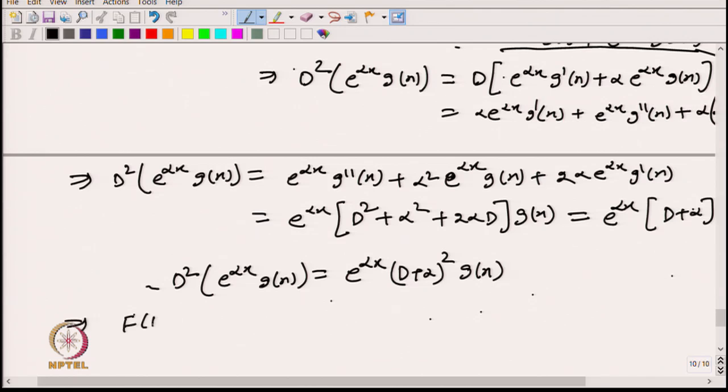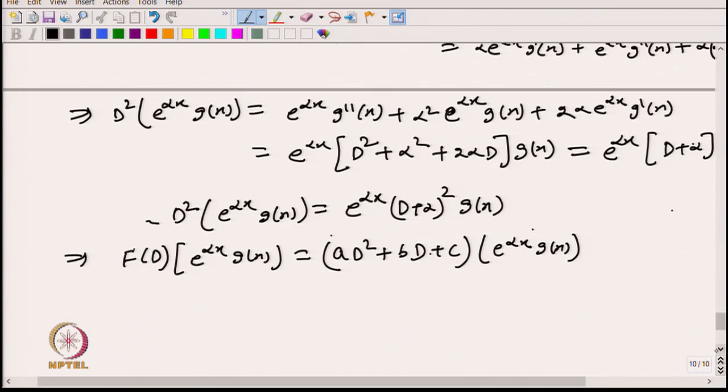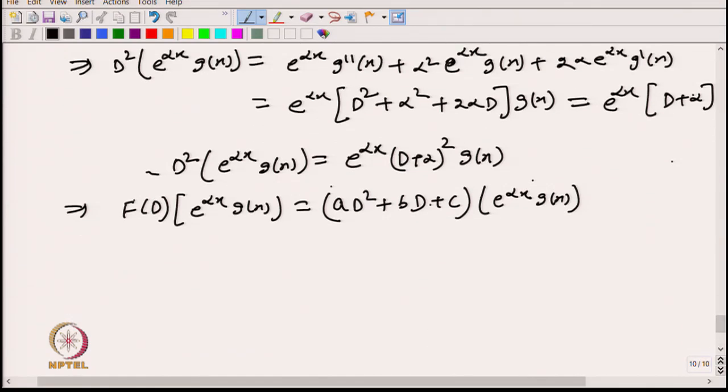Now, if I keep going like this, you will see that I have my f d. I want to apply f d on e raised to power alpha x g x and see what will happen. My f d is a d square plus b d plus c, and this is the operator I am applying on this function.